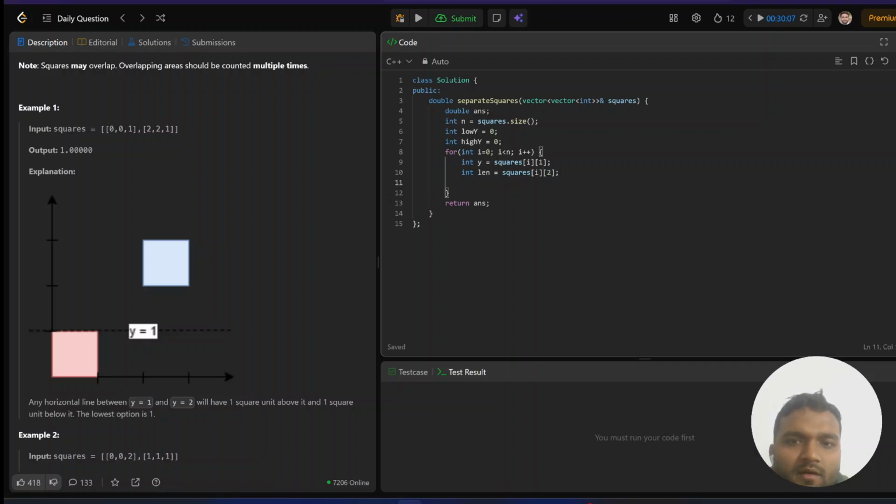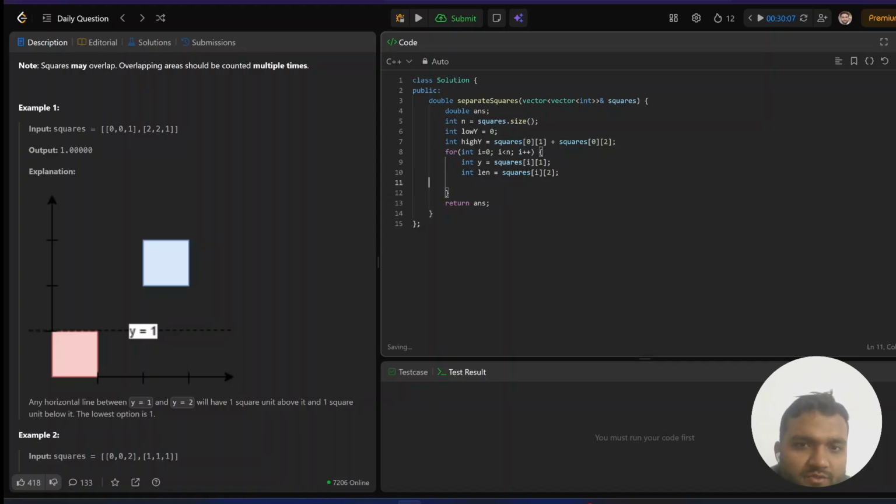And you don't need to initialize it. High y can be initialized with squares 0, 1 plus squares 0, 2.